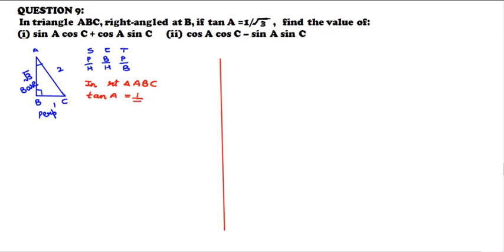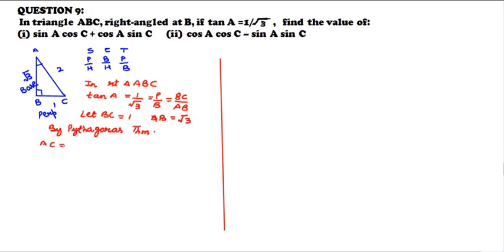So here in this case perpendicular is BC and base is AB. So BC upon AB. So let us take BC is equal to 1x and AB is equal to root 3x. By using Pythagoras theorem we will find the value of AC.